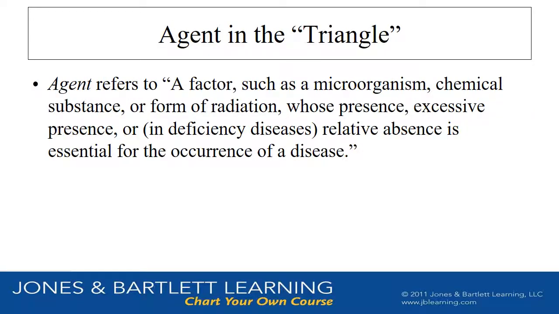And the agent is the factor, such as a microorganism or a substance, whose presence is excessive or causes disease. In this case, we might go back to the example of the malaria parasite being present in the environment, being able to be transmitted to a pregnant woman, or we could think about the chemical pollutant that's released into the environment from fuel combustion of cars.